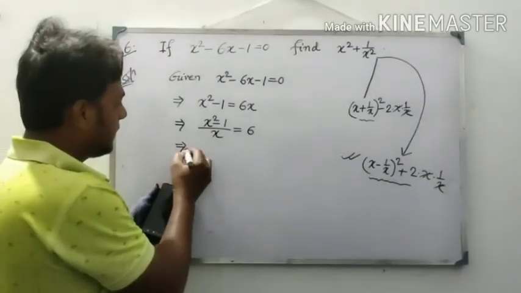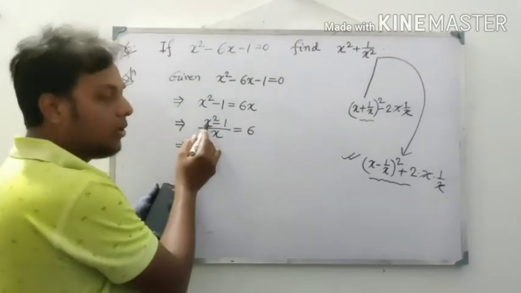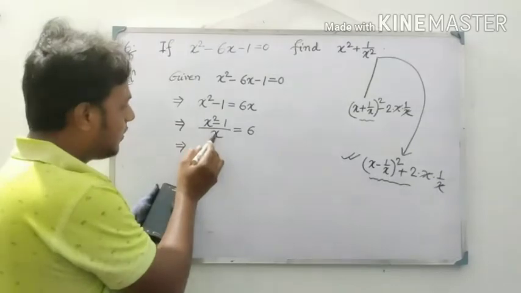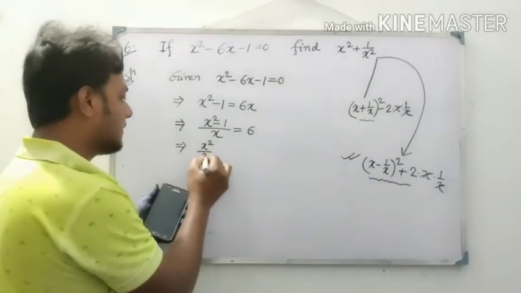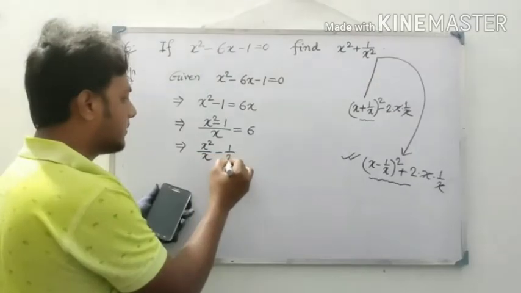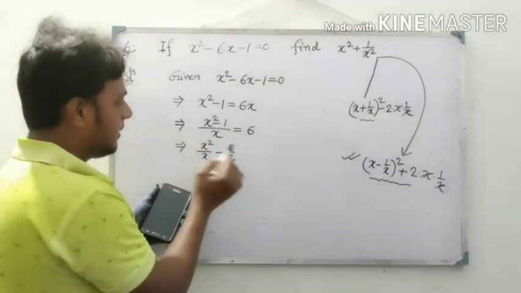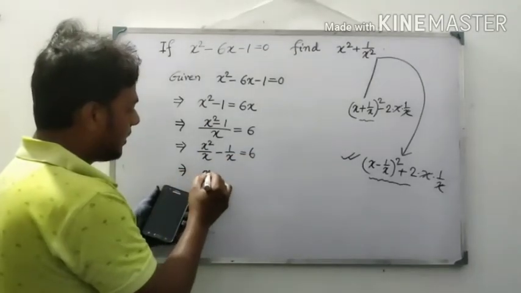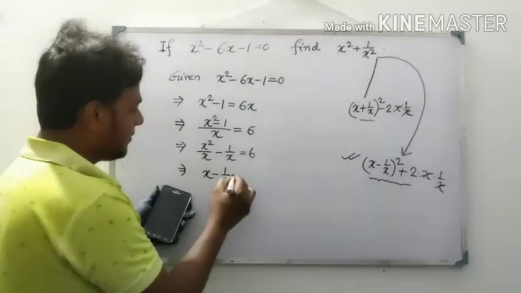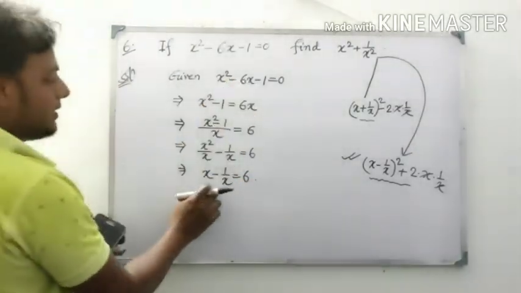Implies that we can distribute the denominator over all the terms of the numerator. So x square by x minus 1 by x equals to 6. This is nothing but x square by x means only x. So x minus 1 by x equals to 6. Only this part is important. So now we have the value of x minus 1 by x.